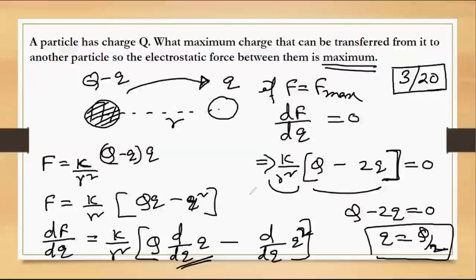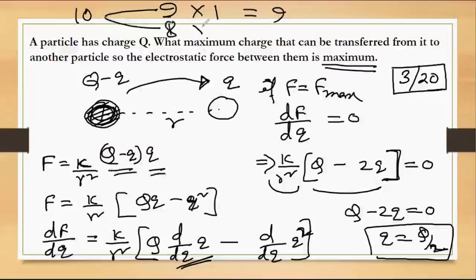Without doing that differentiation, you can also find the answer with some logical reasoning. Say it has 10 coulomb. If I divide the 10 coulomb into two parts, say one is 9, another is 1, then 9 into 1 will be 9, because it will be multiplied here. If I divide it as 8 and 2, it will be 16.